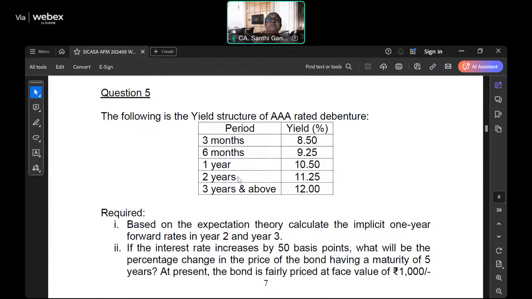So maturity value and current market price are the same. I can even verify that. I will find that it is 1,000. It increases by 50 basis points, which means now it becomes 12.5%. So I should find out what the percentage change is.